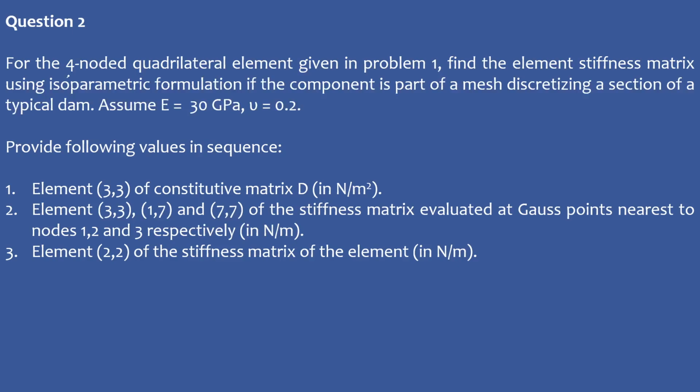It is a four noded quadrilateral element, and you need to find the element stiffness matrix using the isoparametric formulation. The E is 30 gigapascal and Poisson ratio is 0.2. Another part which is important to highlight is a section of a typical dam.